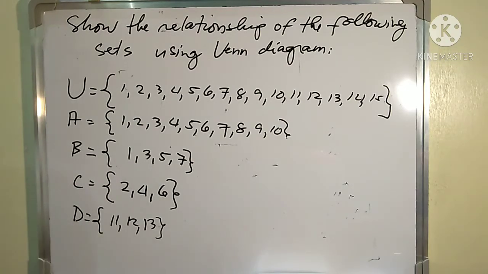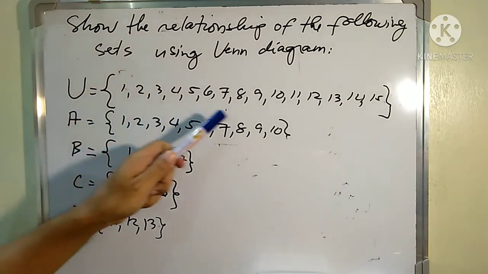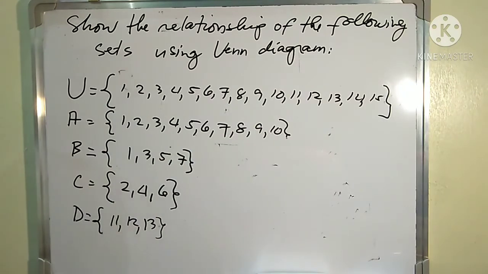Now let us have an example of how to show the relationship of the following sets using Venn diagram. Set U is our universal set under consideration. So we have the set U whose elements are counting numbers from 1 to 15.